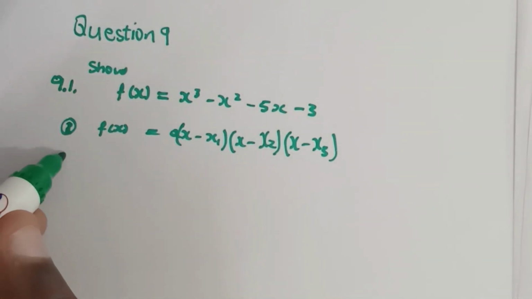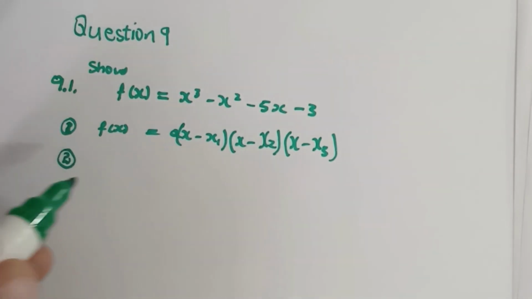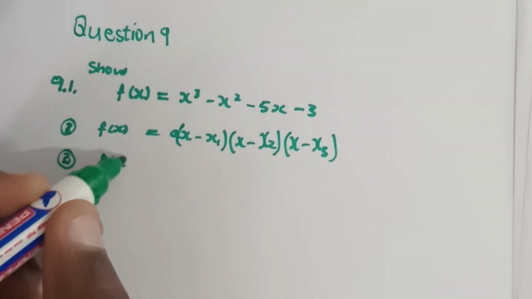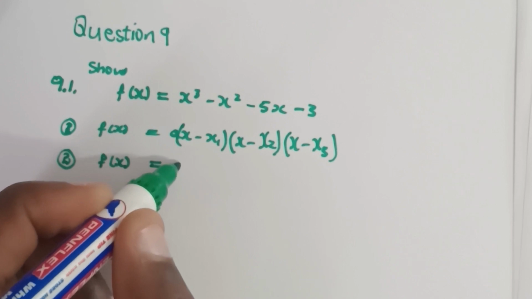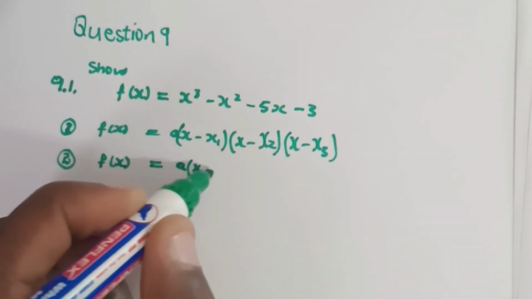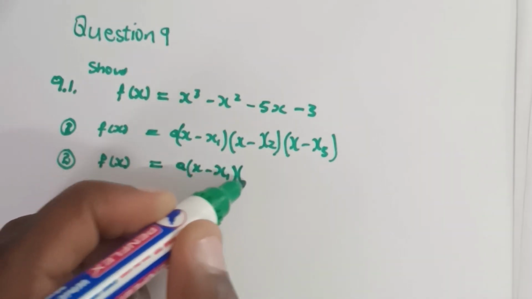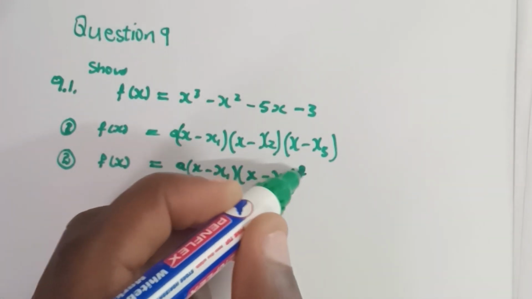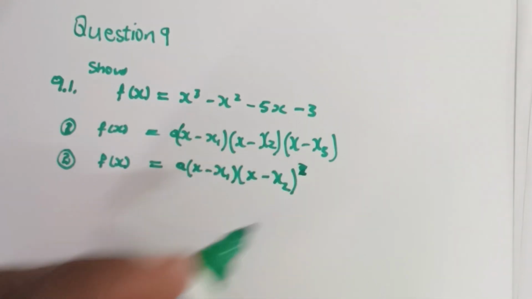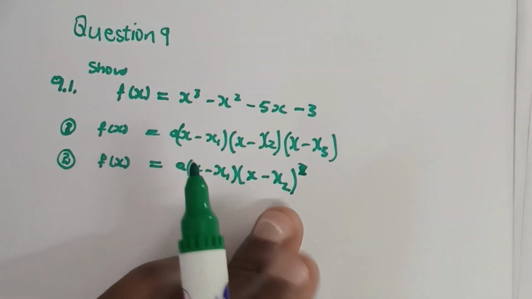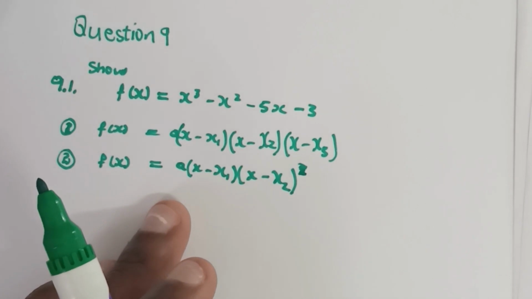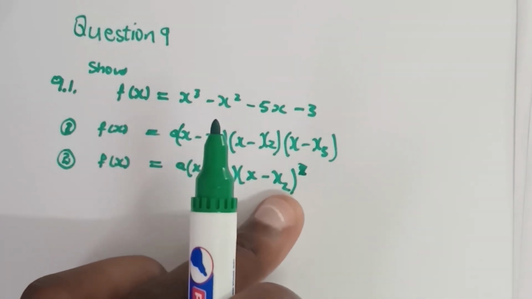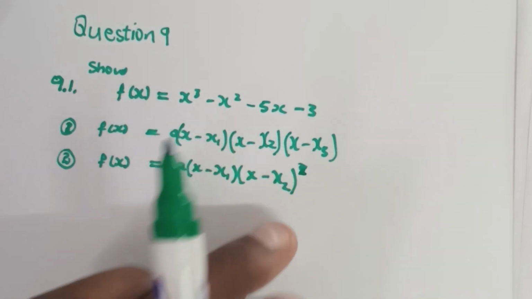But there is another way to find the general equation, that is f of x is equal to a into x minus x1 into x minus x2, but this one is squared. You can use this one whenever you have an x-intercept and then another x-intercept with a turning point on it.